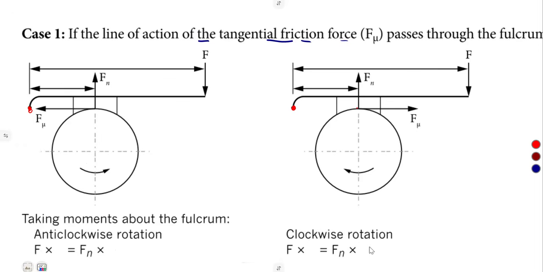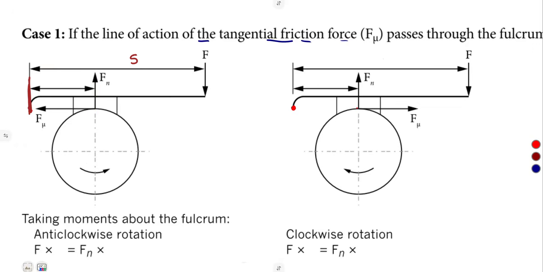You can maintain that A and B, or you can use this S as the distance from the pivot point to the force. Whatever part that force will be at, the distance from the pivot point to the force is going to be S. And the distance from the pivot point to our normal force, which is Fn.